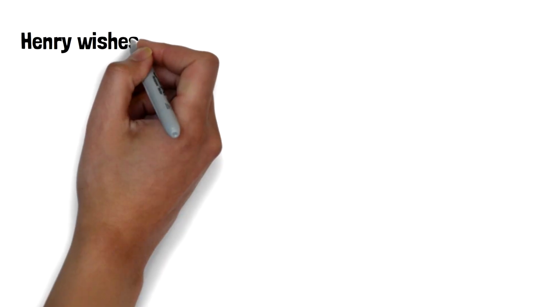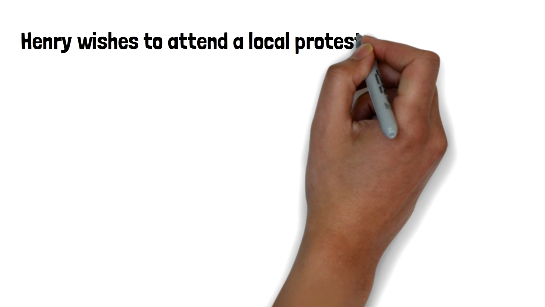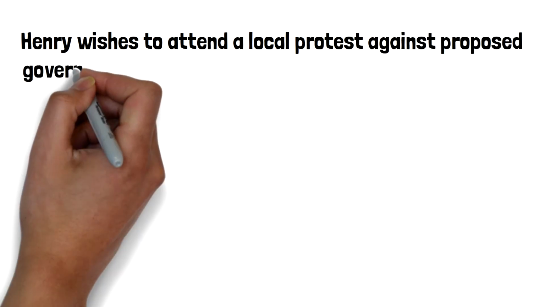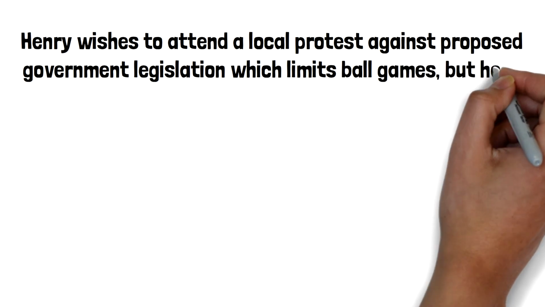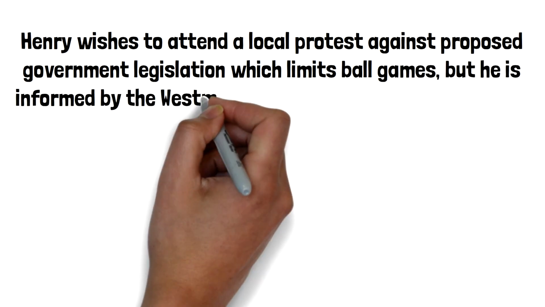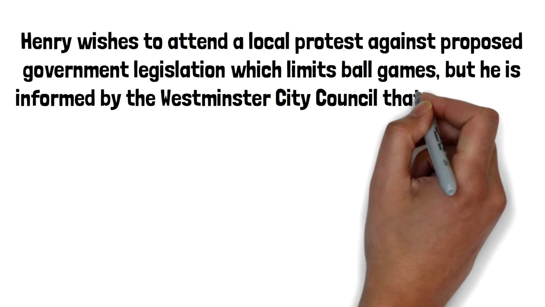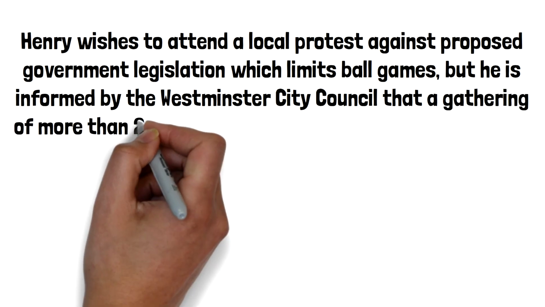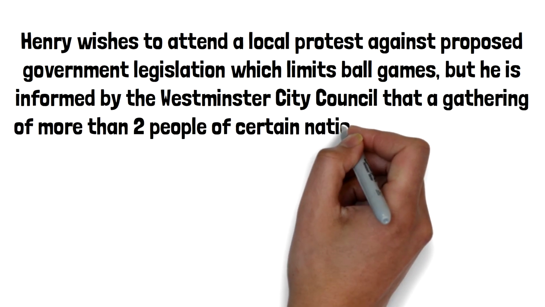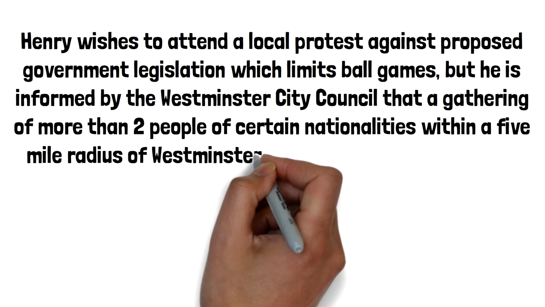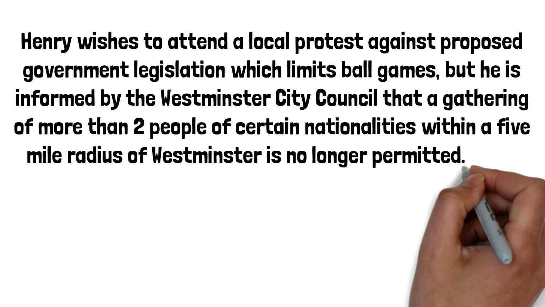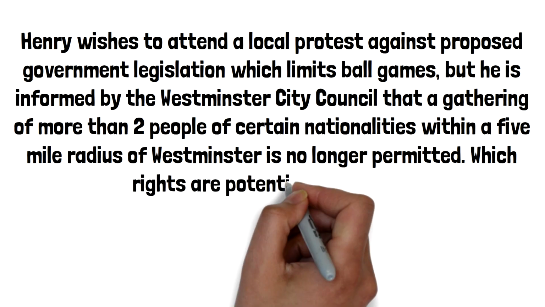Another scenario, Henry wishes to attend a local protest against proposed government legislation which will limit ball games, but he is informed by the Westminster City Council that a gathering of more than 2 people of certain nationalities within a 5-mile radius of Westminster is no longer permitted. Which rights are potentially engaged?